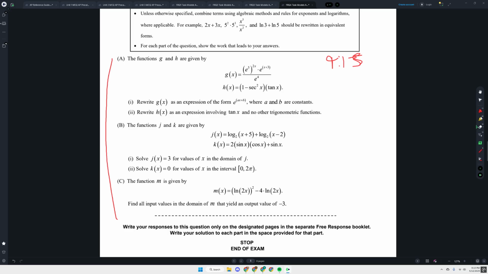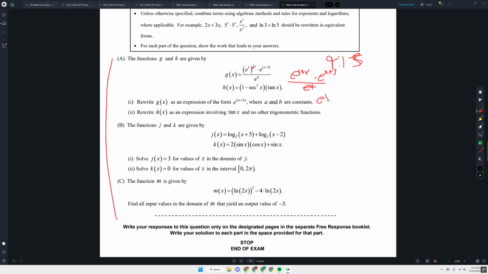Alright, so the way you would do this is first we would simplify. This says simplify in ax plus b form. So first this would become e to the 10x because of the exponent rule, times e to the x plus 3, divided by e to the 4. And if you remember, division means exponent subtraction.